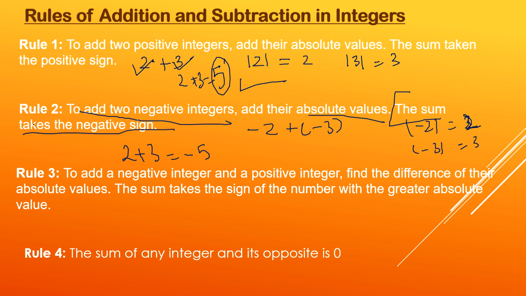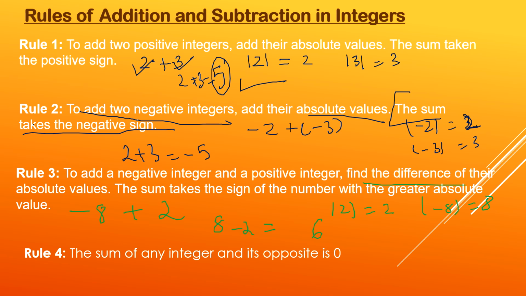Okay. Now, to add negative integer and a positive integer, find the difference of their absolute values. Let us say this is minus 8 and you want to add 2. So minus 8 plus 2, what are the absolute values? For 2, it's 2. For minus 8, absolute value is 8. They are saying find the difference. So you subtract the absolute values, you get 6.